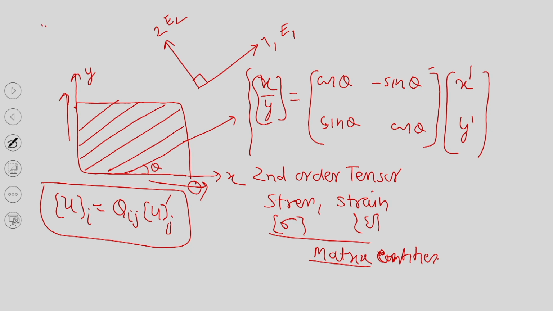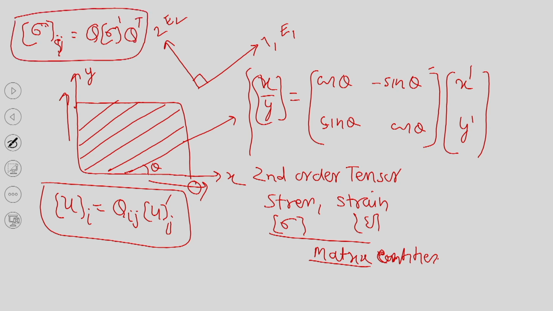For the case of a second order tensor, in terms of a matrix, it will be Q sigma dash and Q transpose, like that. This I am going to explain to you.